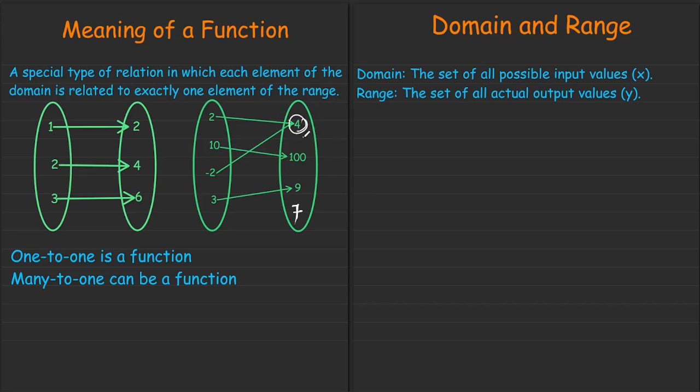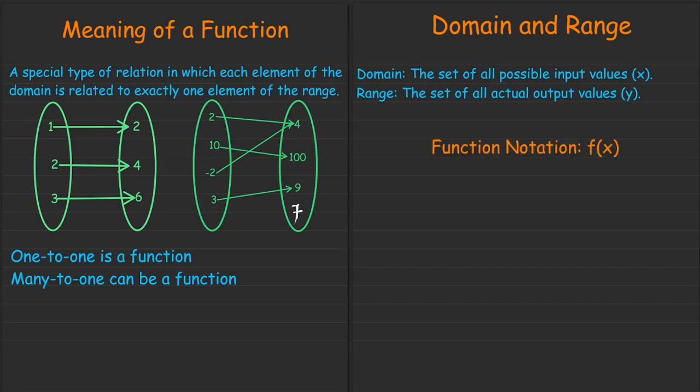So this is an output value. This is also an output value. And then the 9 is an output value because they are outputs of the x values, or the domain values, or the input values. 7, on the other hand, as I've written here, has no input. Hence, it is not part of the range, though it might be part of the codomain in general.